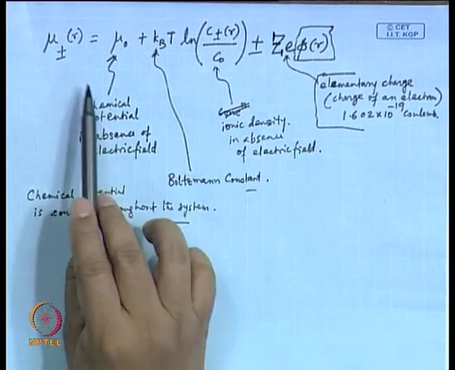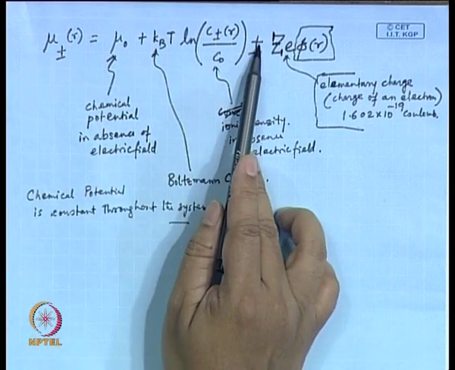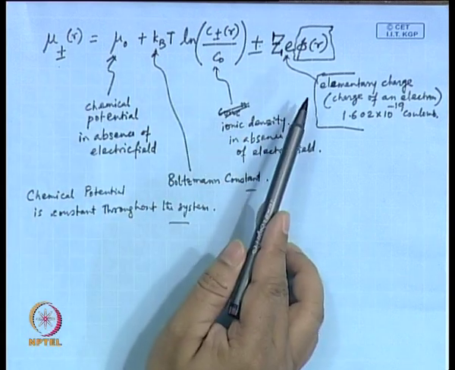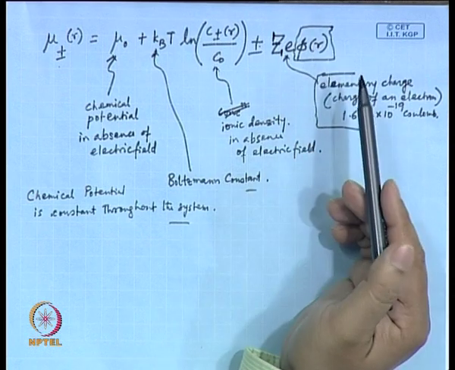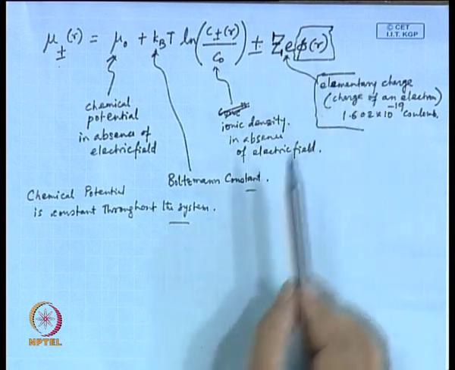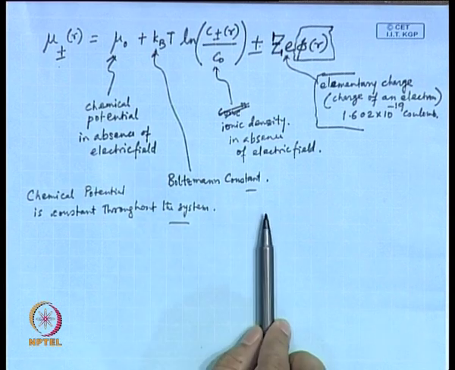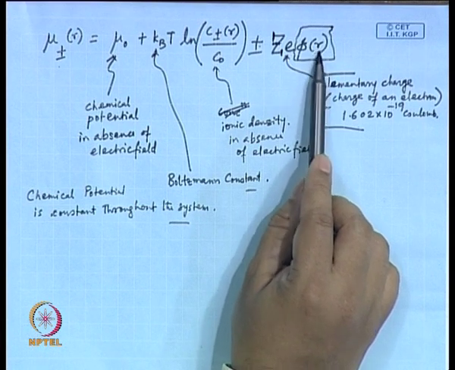This equation that I have written here for plus and minus, if you write it as plus, then this should be plus, if you write it as minus, then this should be minus. That is the idea of this expression. And this function r, do not confuse these R. Later on we will write it in terms of z. Z is the distance away from the wall. Now, this R is a general position, the general coordinate system. That is why it is written as R.